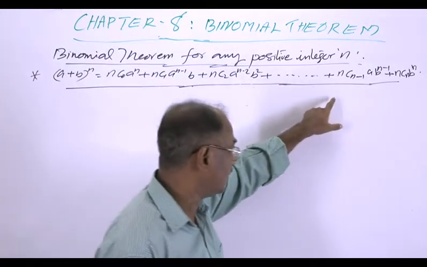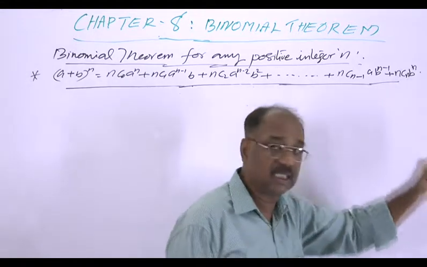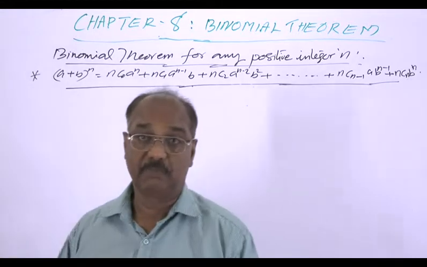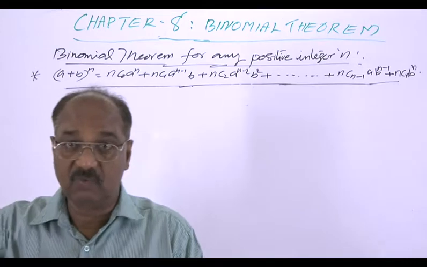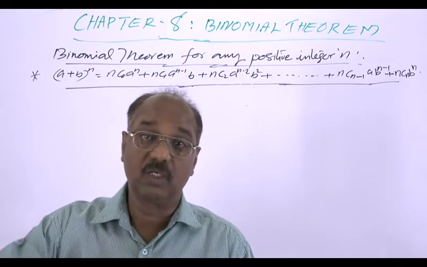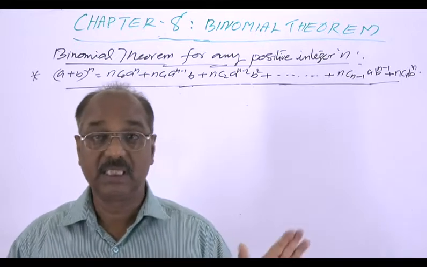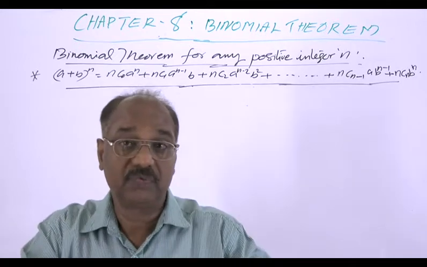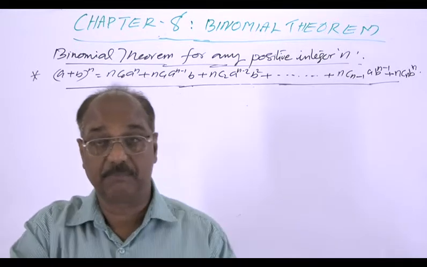In that fashion, we have in the last term b^n. The power of a is reducing 1 by 1 and the power of b is increasing 1 by 1. So this is the form of the terms of this expansion.